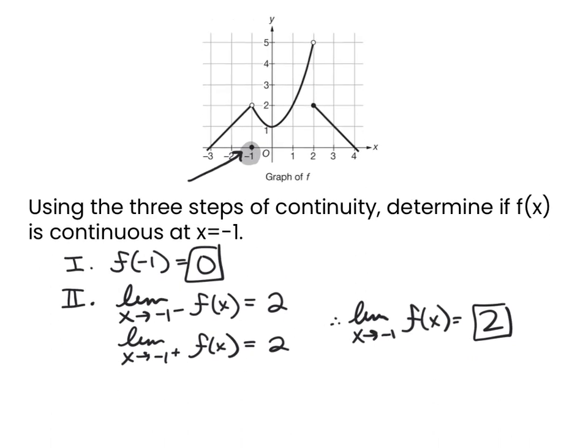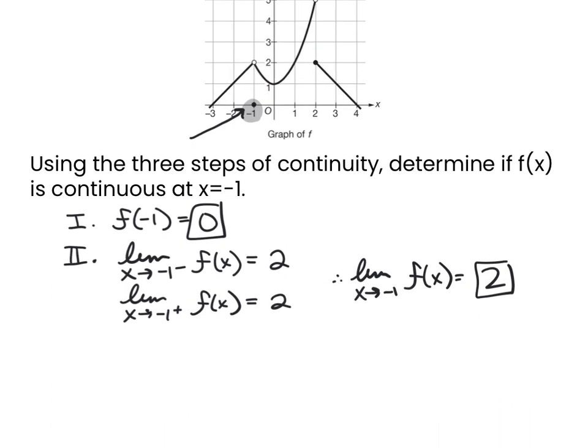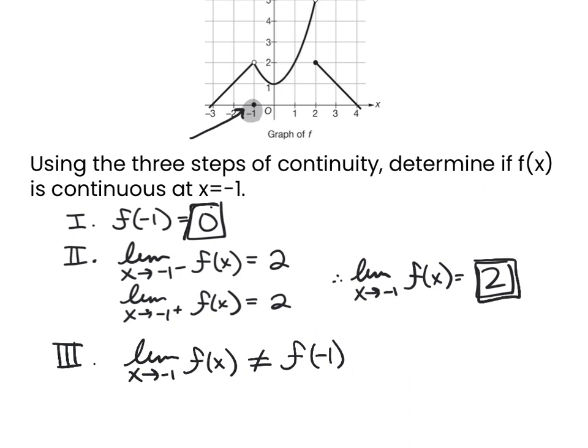Third and final part of continuity just wants to decide if the answer you got in part 1 and part 2 are the same. And very obviously, the limit as x approaches -1 of f of x is not equal to f of -1, because we got 2 and we got 0. Those are obviously not the same number.